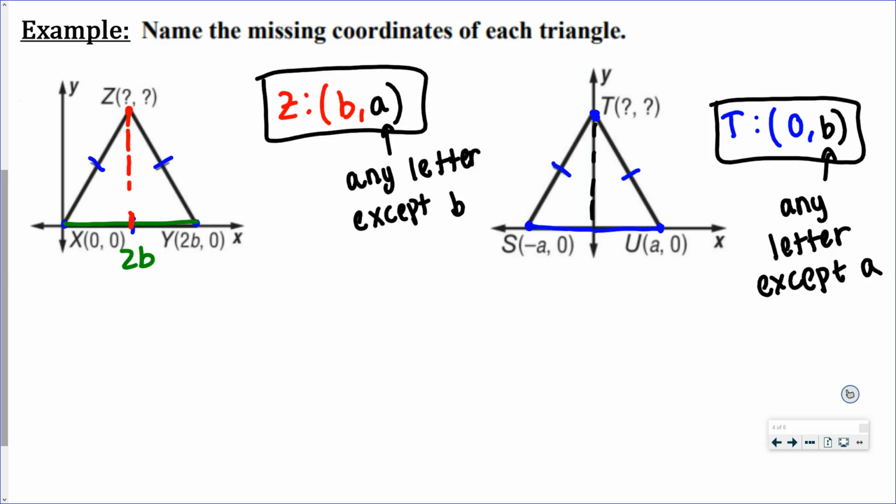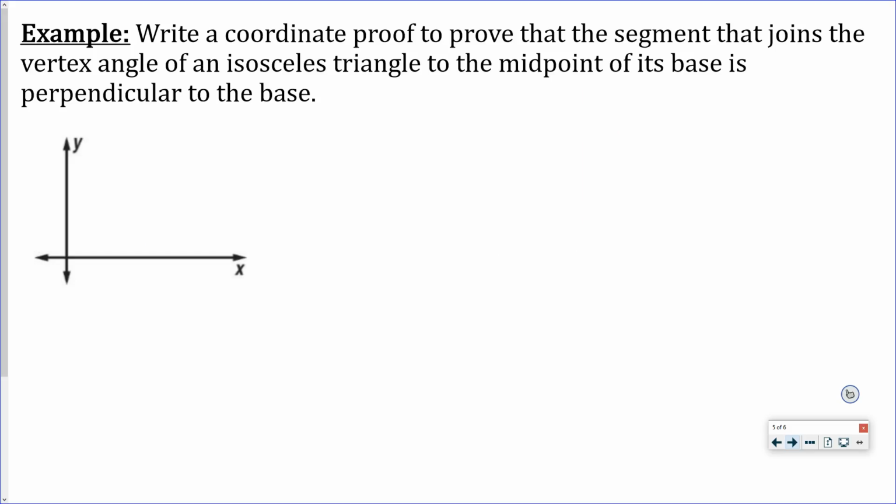All right, we're just going to do 2 proofs. This first one says, write a coordinate proof to prove that the segment that joins the vertex angle of an isosceles triangle to the midpoint of its base is perpendicular to the base. Okay, I'm going to start by just drawing an isosceles triangle. Not a right triangle, just an isosceles triangle.